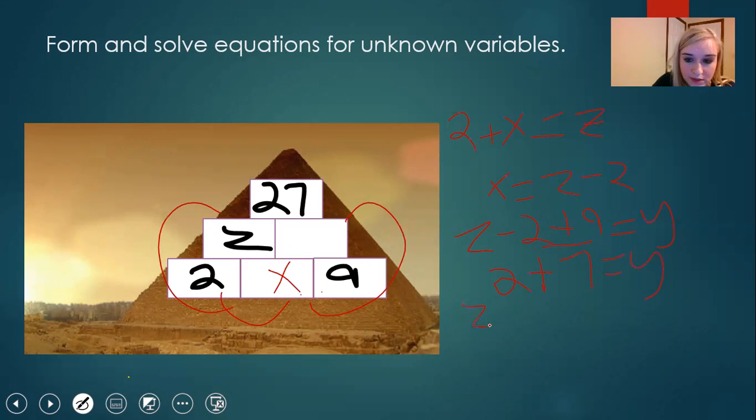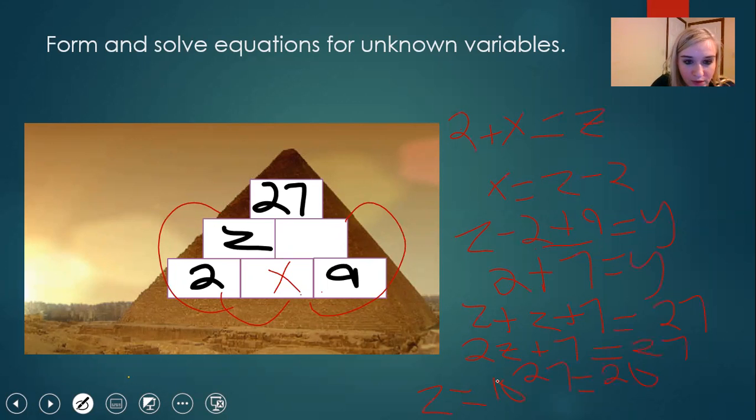So now z plus 7 equals 27. So we got 2z plus 7 equals 27. So we get z equals 10.